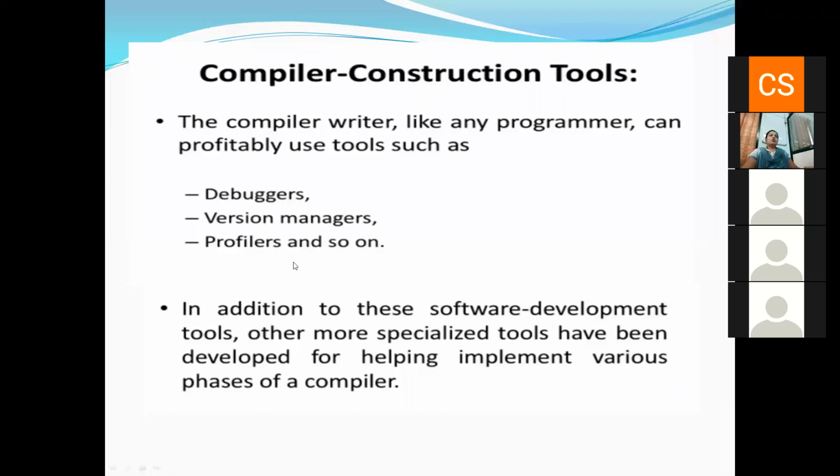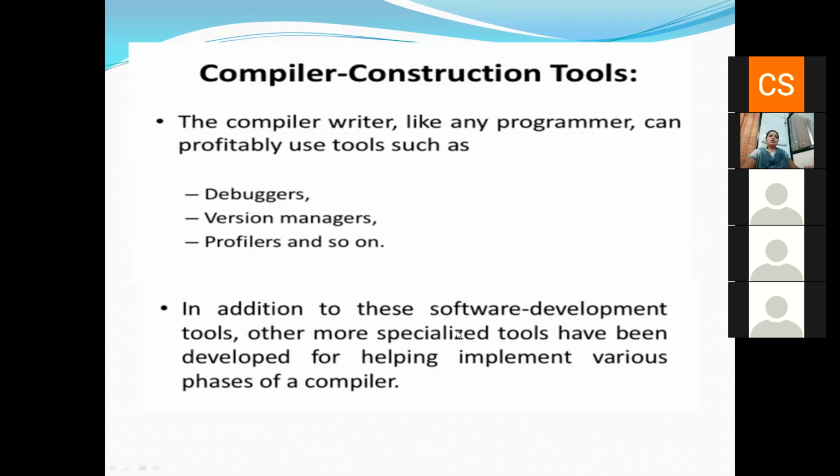Like a normal programmer, whenever we want to develop any software or project, we concentrate on tools like debugger, version manager, and profilers. These are tools used by every programmer. Similarly, in order to design a compiler, we are going to add some more tools.